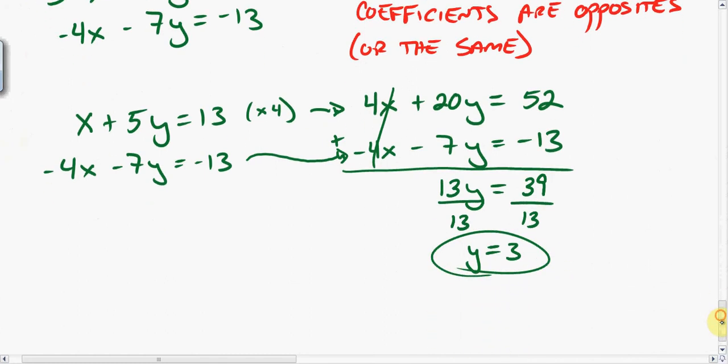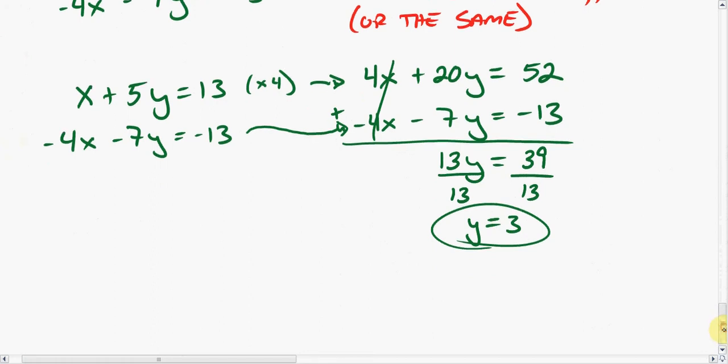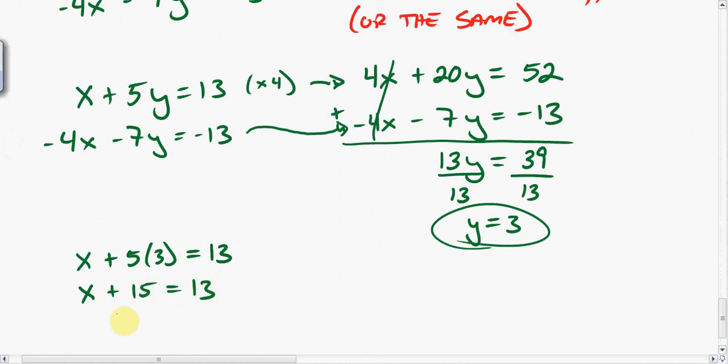Y equals 3. So again, I can choose either of the two original equations, and I'm going to plug the value of y in. So I'll pick the first equation. I've got x plus 5 times 3 equals 13. 5 times 3 is 15, so x plus 15 equals 13.